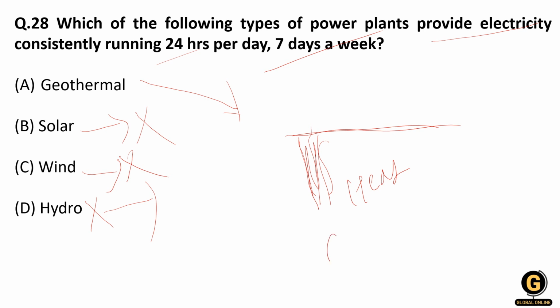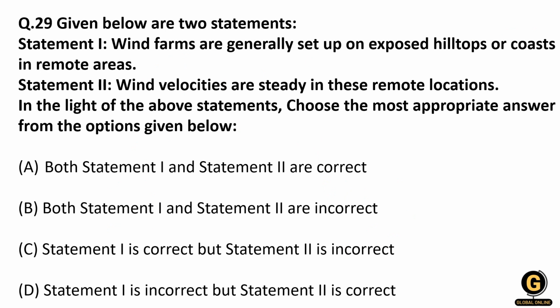And this is a constant source, right? It doesn't depend on any outside source. So this is the source you have to remember. This is the continuous source, 24 hours per day and 7 days a week, and our correct answer is geothermal energy.